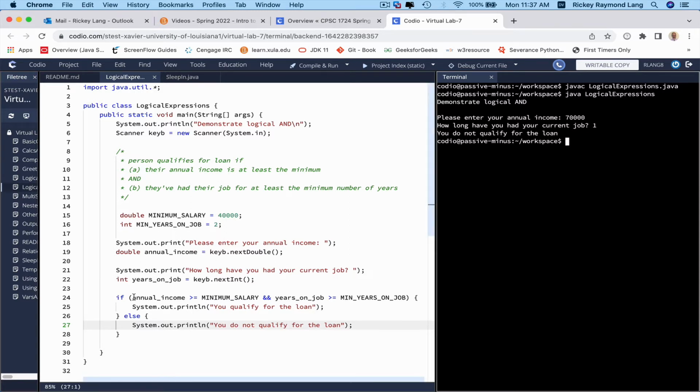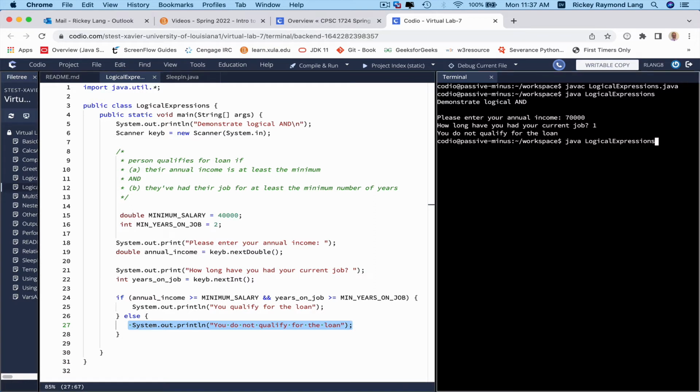Annual income, 70,000, that was enough. 70,000 is certainly greater than or equal to 40, but years on the job was false. So when we join two relations with and, both have to be true in order for the true branch to execute. If either one of them is false, we get the false branch.